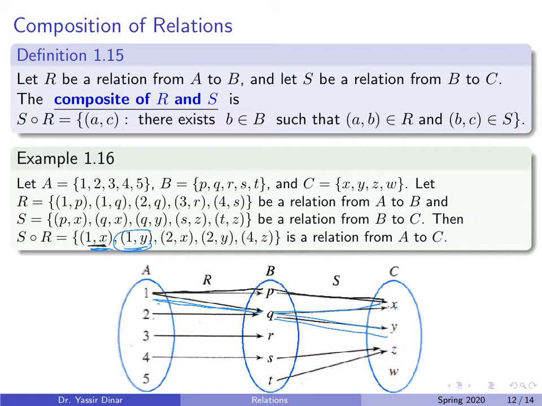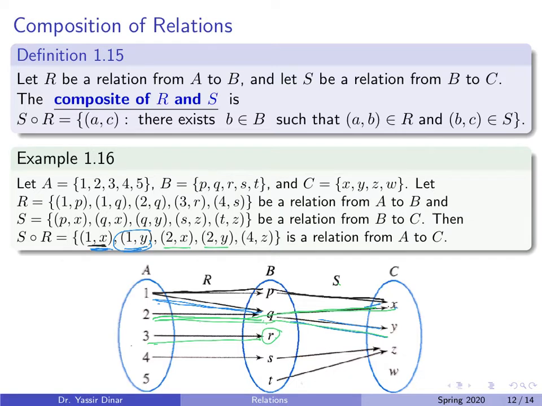For 2, we have 2 goes to Q under the relation R, and Q goes to X and Y. So we get two elements here, 2 to X through Q and 2 to Y through Q. Now 3 goes to R under the relation R, but R is not related to any element in C under the relation S. So this element will not give me any contribution in the composition.